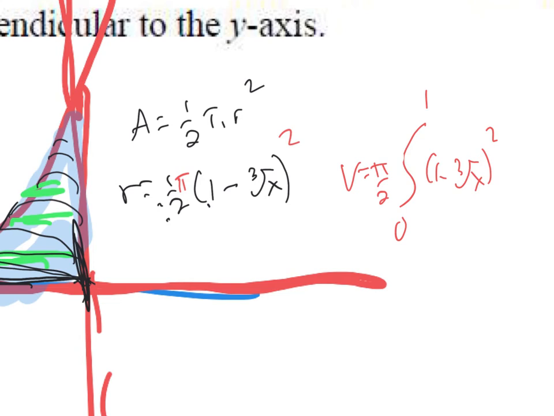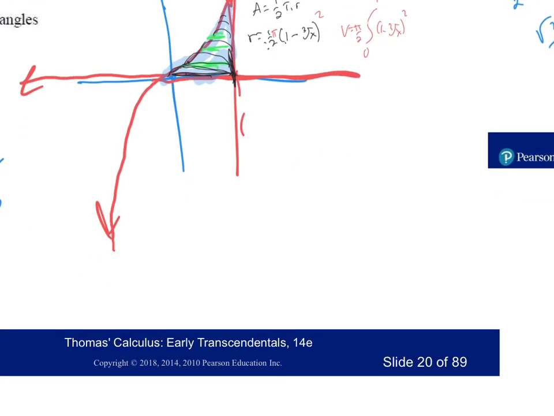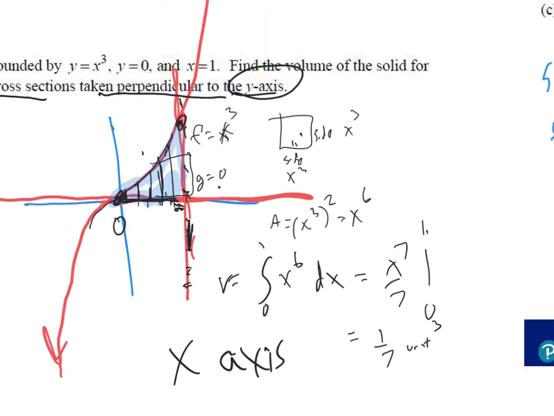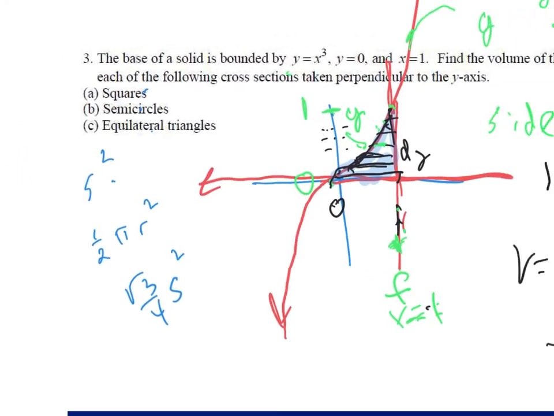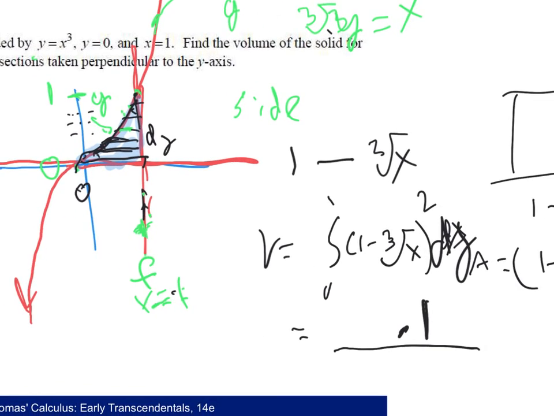Well, interesting. Did I already do 1 minus cube root of y squared with that other problem down here? No, that was the one I did wrong. This one here, yeah, I already did 1 minus cube root of y squared. That was 0.1, and my calculator also said it was 0.1.